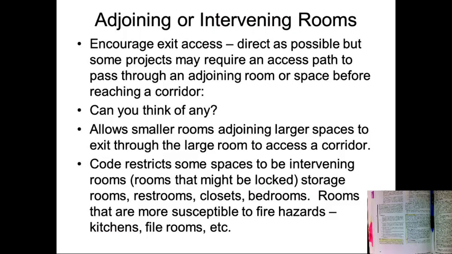Can you think of any? It allows small rooms adjoining larger spaces to exit through. A lot of times you can find that in different types of buildings, where you have to go through another space to get to a larger space that may have, of course, the exits that are required.